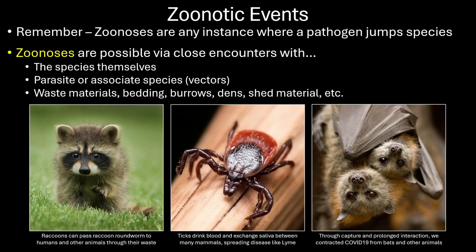And humans can get exposed to and contract that disease, that parasite, by not encountering the raccoons themselves, but encountering the places where those raccoons are living. So cleaning up a raccoon den, for example, could expose a person to that dangerous parasite, even if they never make contact with a raccoon.